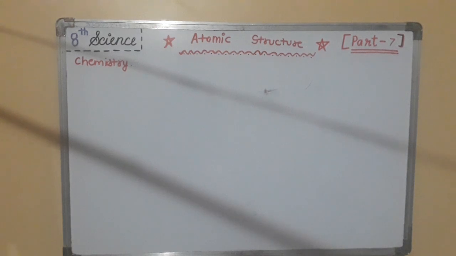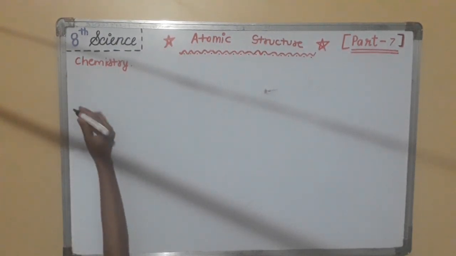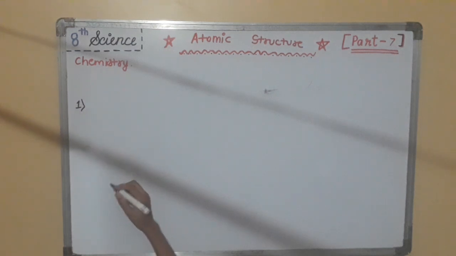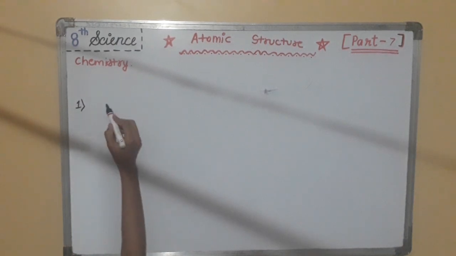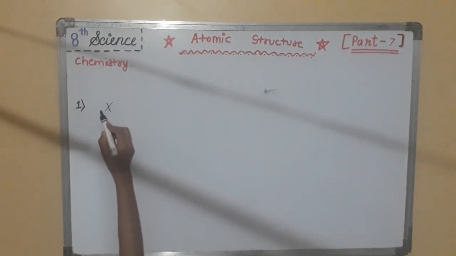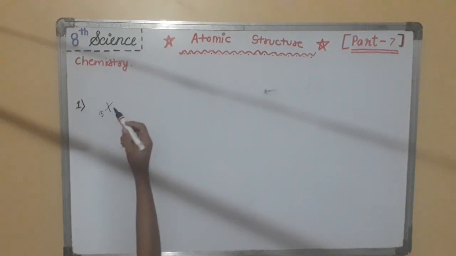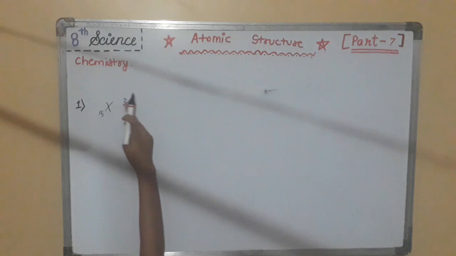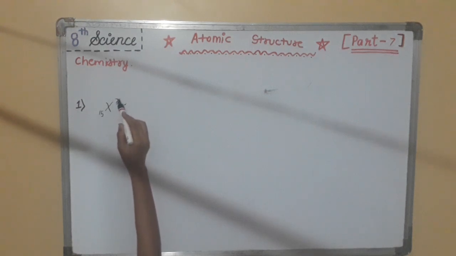The question says that an element is represented as X, with atomic number 15 and mass number 31.